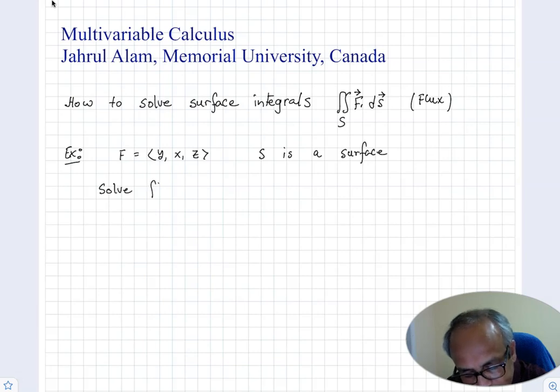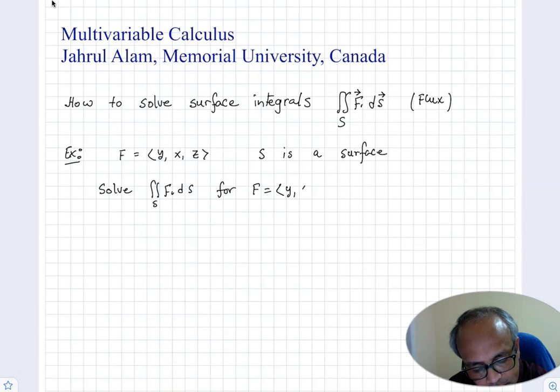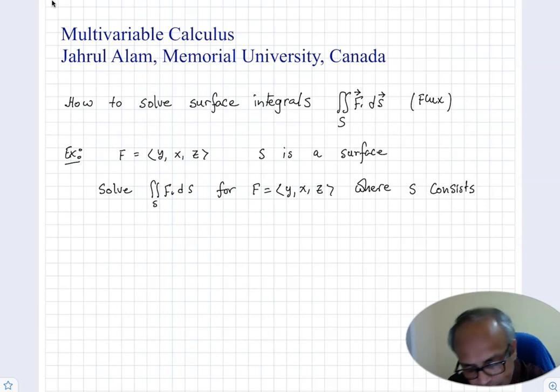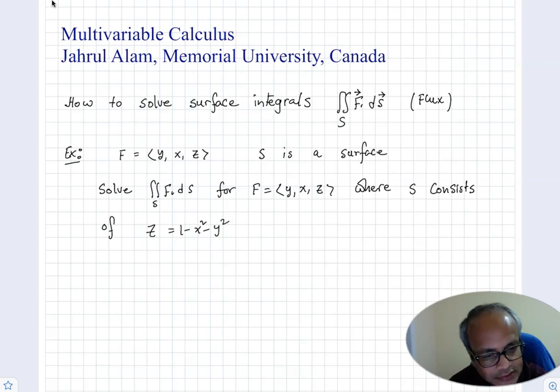Solve the integral of f dot dS for f equals (y, x, z), where S consists of z equals 1 minus x square minus y square in a unit disk.